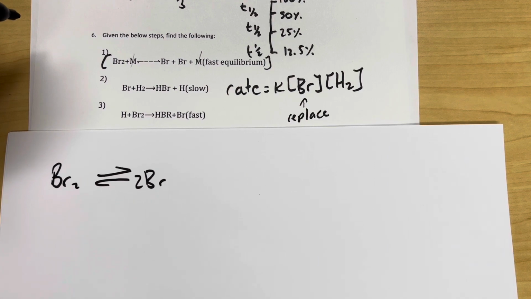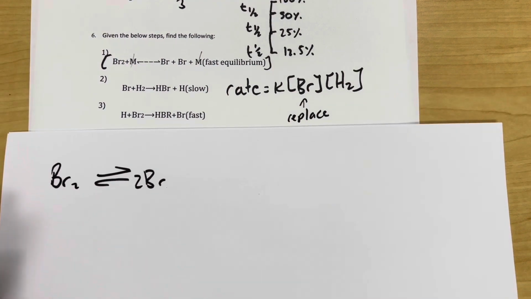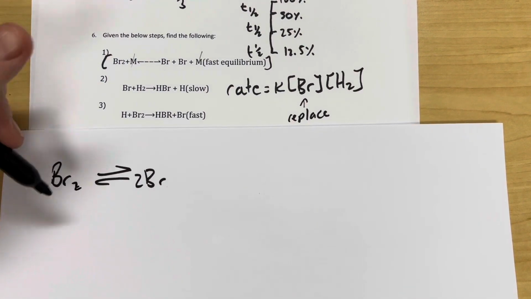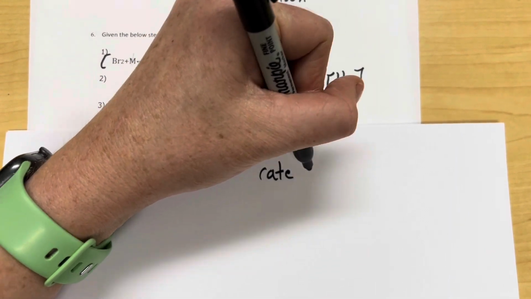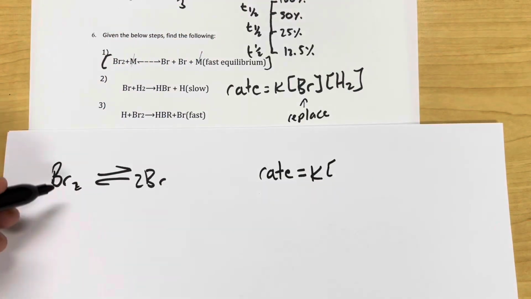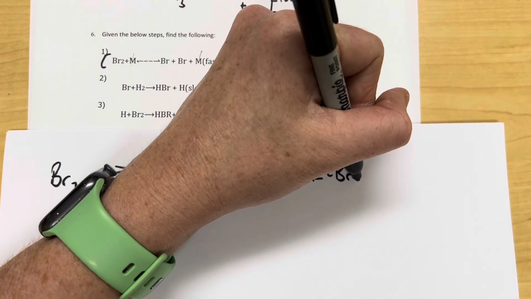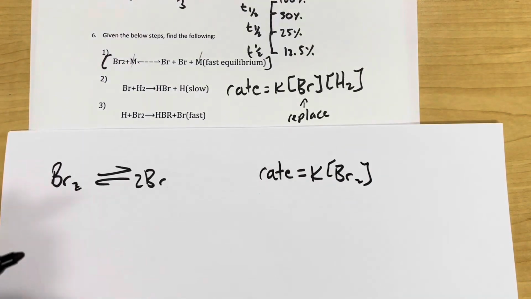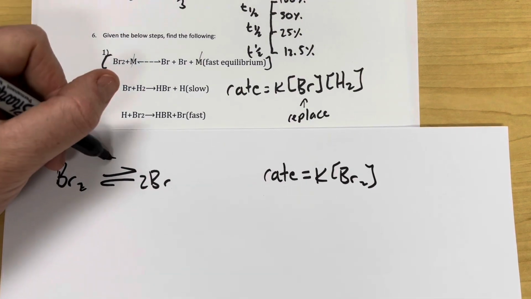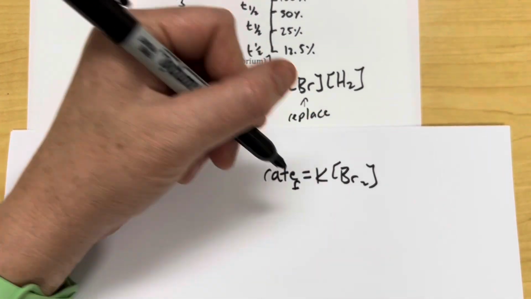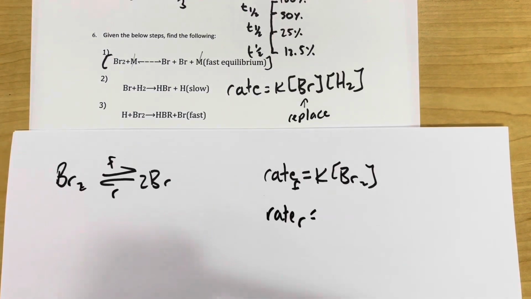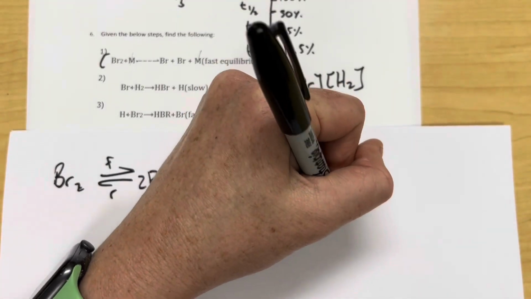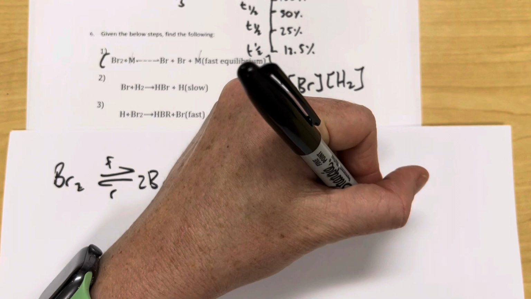Okay, so when we go to write this equilibrium expression, if we were to write a regular one, we'd say rate equals K times Br2. But that's only the rate of this one going forward. There's also a reverse. And the rate of the reverse reaction equals K times Br squared.